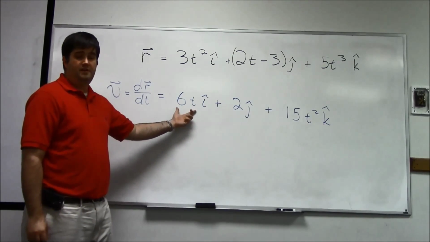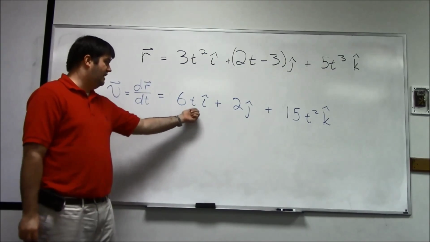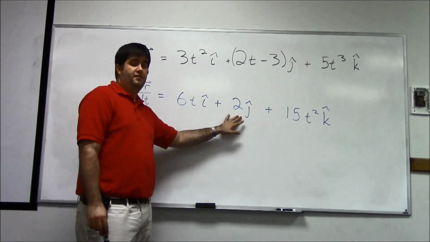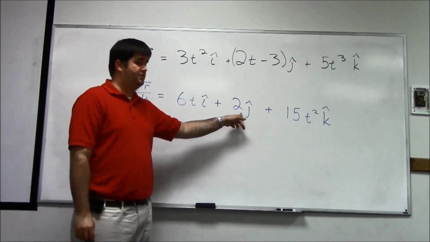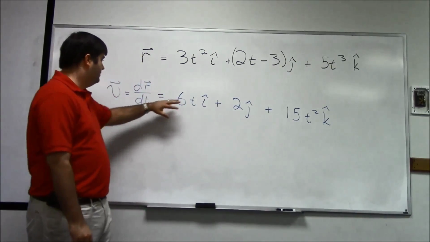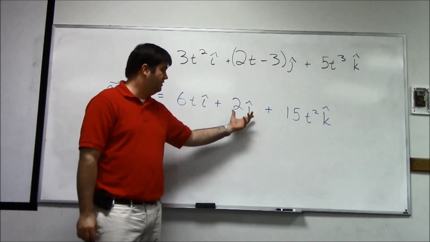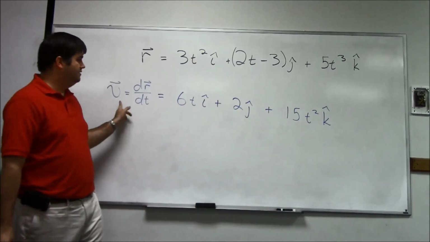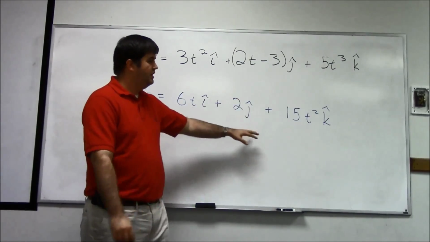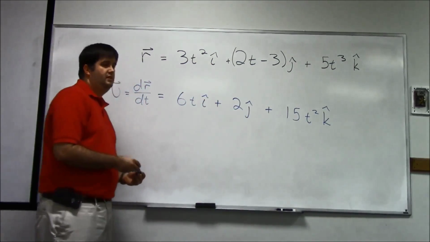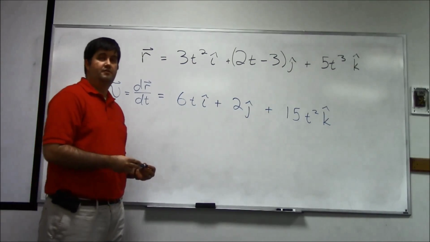The x component of the velocity vector at any point in time is given by 6t. The y component of the velocity vector is just this constant 2. No matter what's happening with time, the y component, the j hat component of the velocity vector is simply this constant 2.